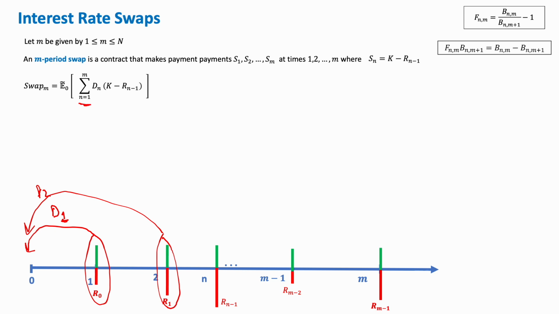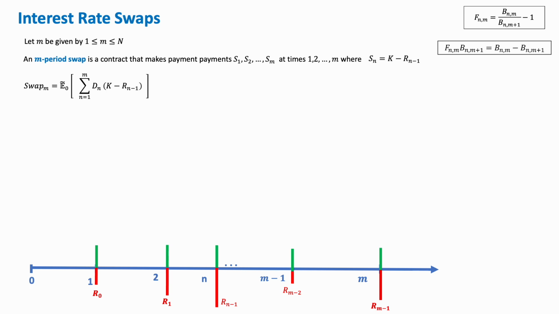Here we're summing the cash flows, from time 1 up to time M, and this is what you're discounting. To discount the cash flow occurring at time n, we're multiplying by Dn. That is what this means. And the cash flow is just the simple K, which is constant, minus this R_{n-1}. So I think this formula makes a lot of sense.